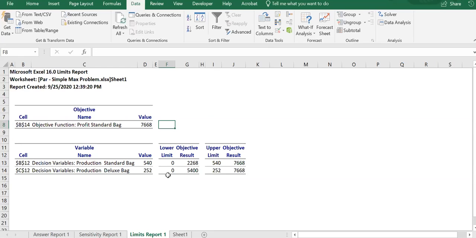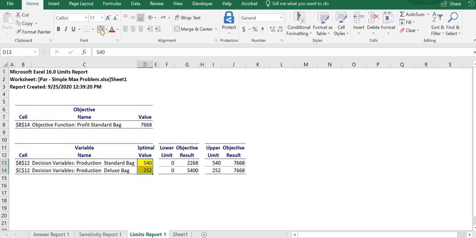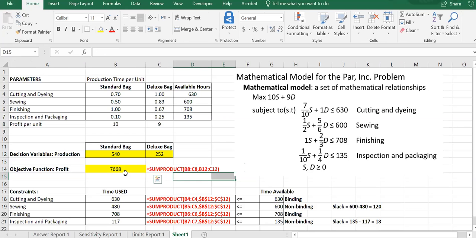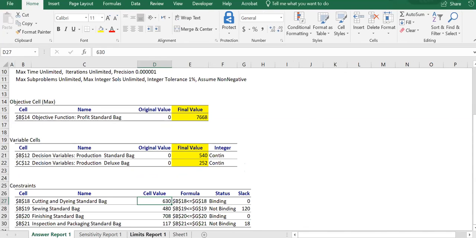So nothing new yet. But then for each decision variable, we have their current value, the optimal value of the decision variable. Again, this is not new. We have them in our answer report.